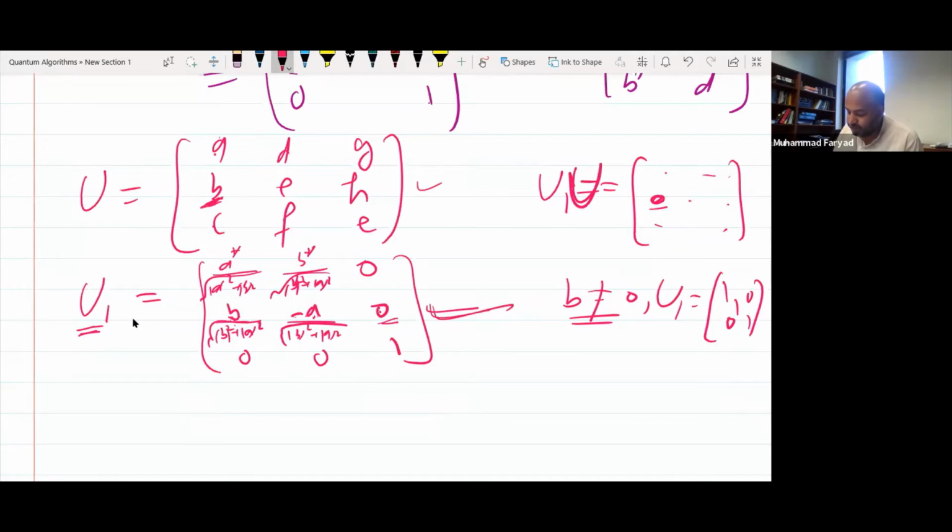So this unitary U1 is a two-level unitary, which when I apply it to U will give me something like this. Let's check what I get at this place.